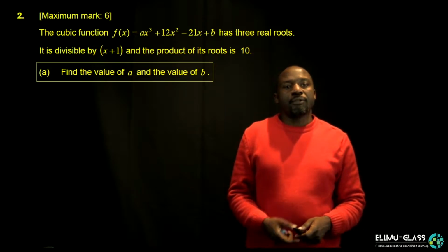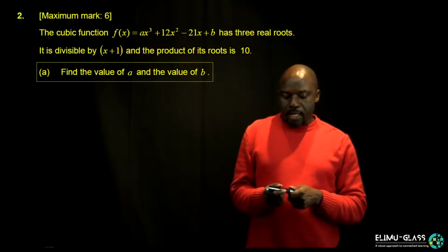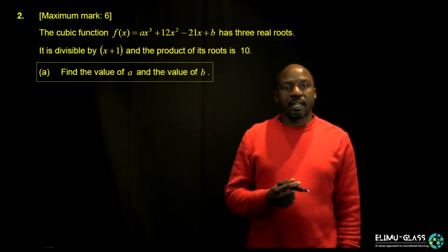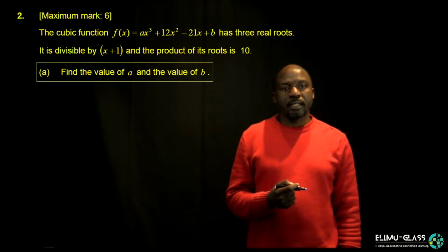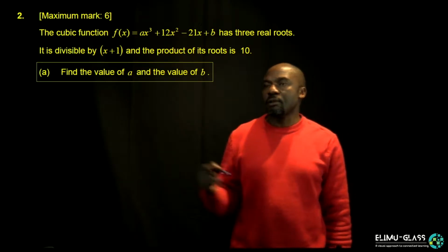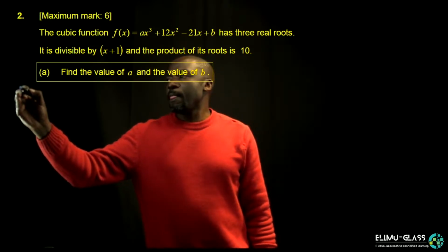To find the values of a and the values of b, let's remind ourselves of what the factor theorem says and what the remainder theorem says. So, let's start with the factor theorem.